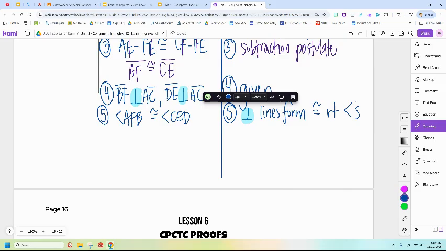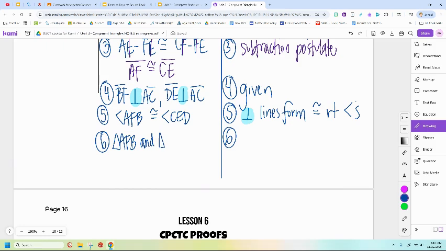Okay, now since we're going towards HL, we need to say that triangle AFB and triangle CED are right triangles.